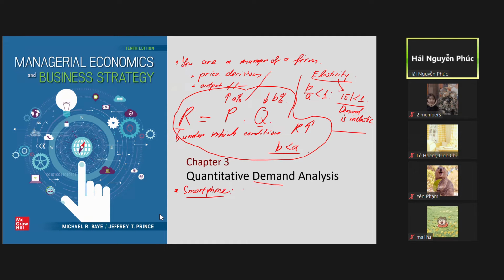You're selling smartphones, and you know that at the current price of 20 million Vietnam dongs, the price elasticity of demand is, let's say, minus 1.5. So based on this, if you want to increase the revenue from selling smartphones, should you increase or decrease the price?